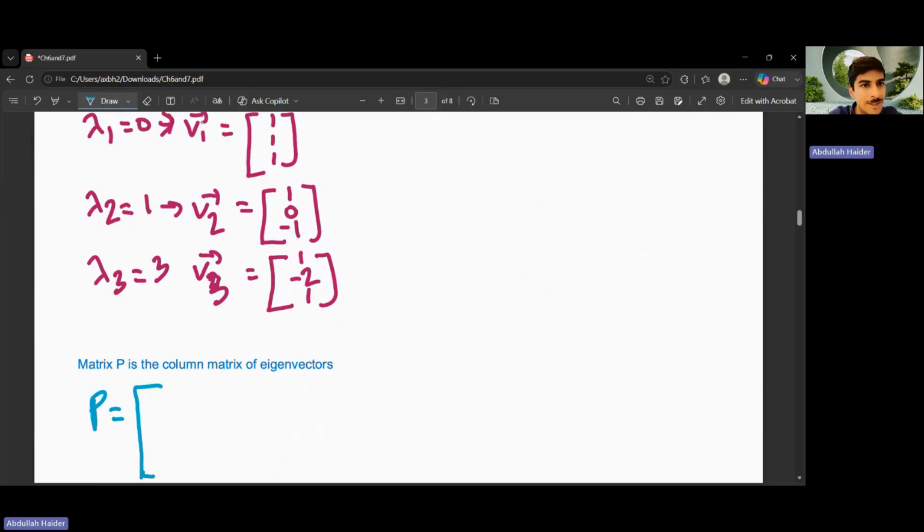So if V1 is 1, 1, 1, I would write 1, 1, 1. Then V2 was 1, 0, -1. And V3 was 1, -2, 1. This is your P, the column matrix of eigenvectors, and it's always preferred to write them in order, like how I did here. V1 is the first column, V2 is the second column, V3 is the third column.